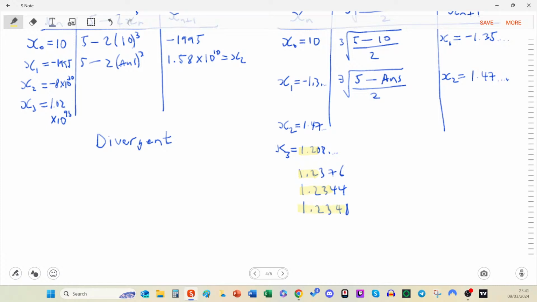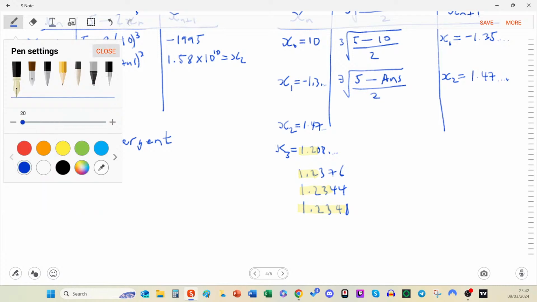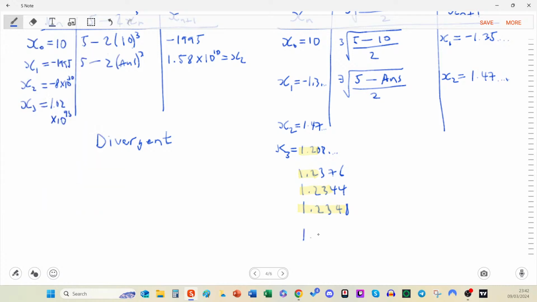So it seems every time we press the equals button, we lock in another number that doesn't change. And eventually we're going to settle upon the fact that it's 1.23, and we'll just stop there, 2 decimal places.